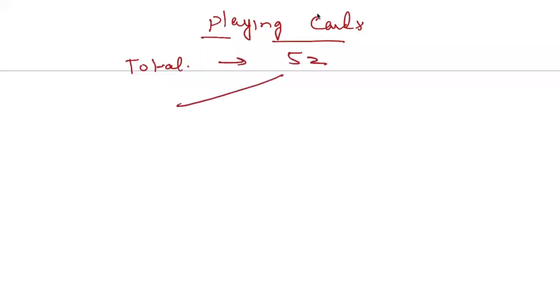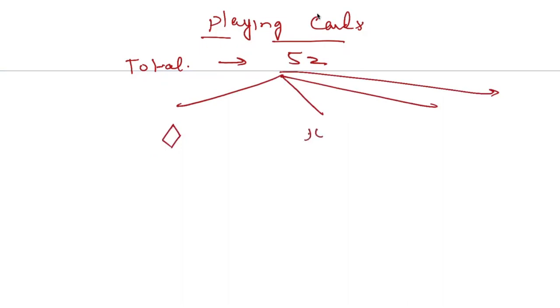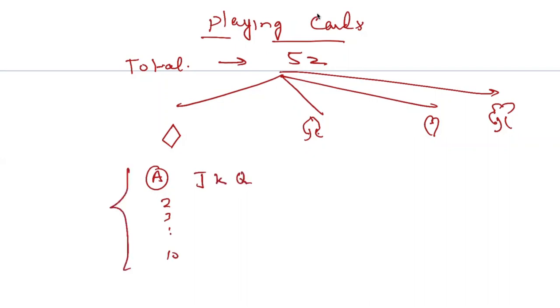This is divided into 4 parts: spades, hearts, diamonds, and clubs. Each one contains an ace, then 2, 3, 4, 5 up to 10, then jack, queen, king. So total 13 cards in each, right? 13, 13, 13, 13 cards are there.